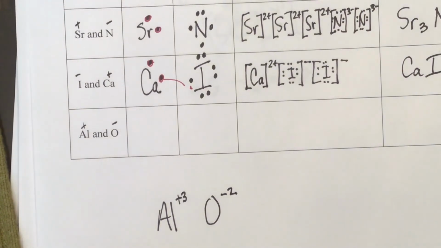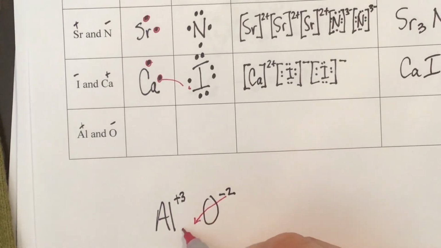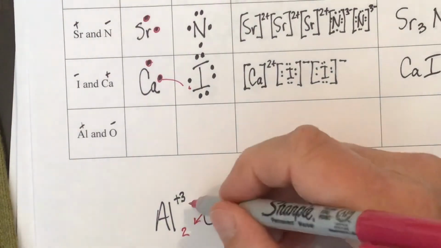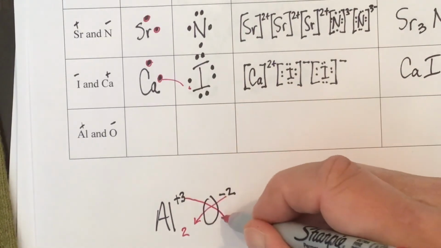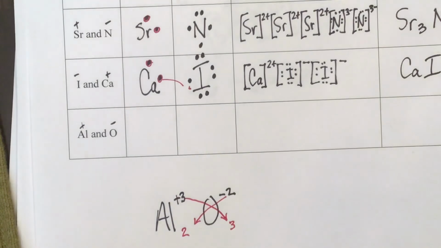Here's where the magic happens. I'm going to take this 2, and I'm going to put it down here. And I'm going to lose the negative sign, and I'm going to take this 3, and I'll put it down here. That is the formula for aluminum oxide.